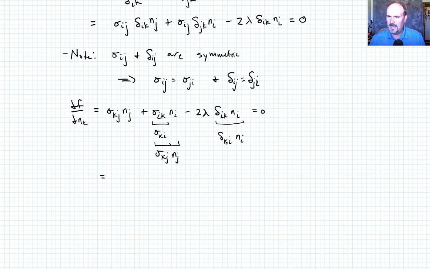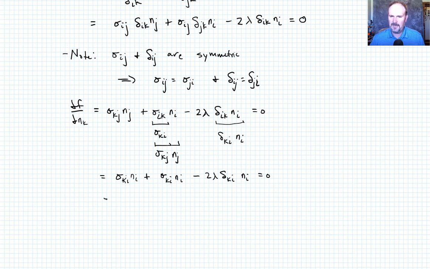Looks like I've already used i throughout, so I'm going to change these j's to i's and write that I have sigma ki ni plus another sigma ki ni minus 2 lambda delta ki ni equals 0.